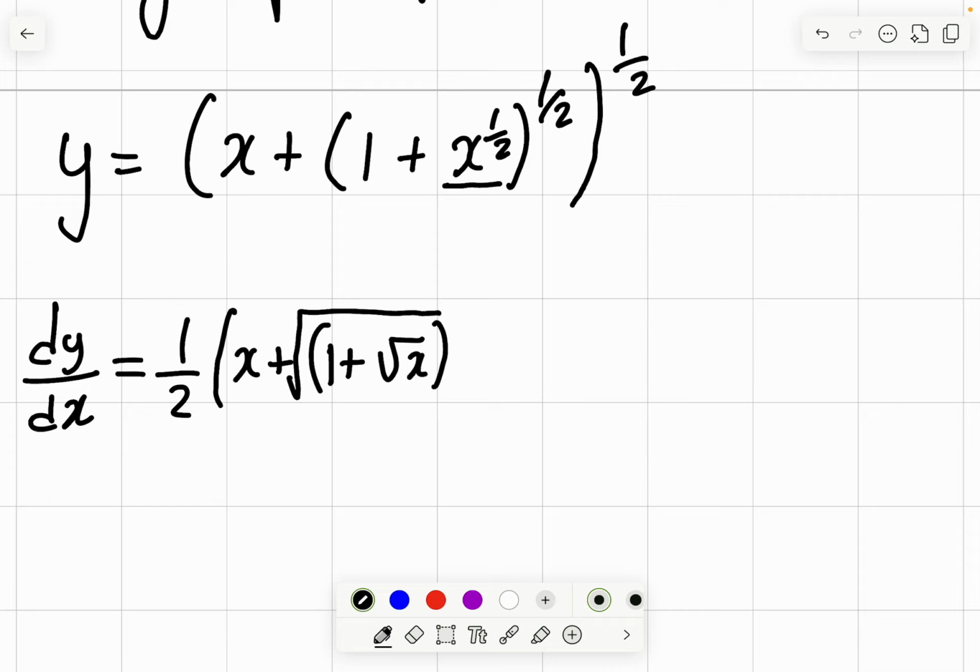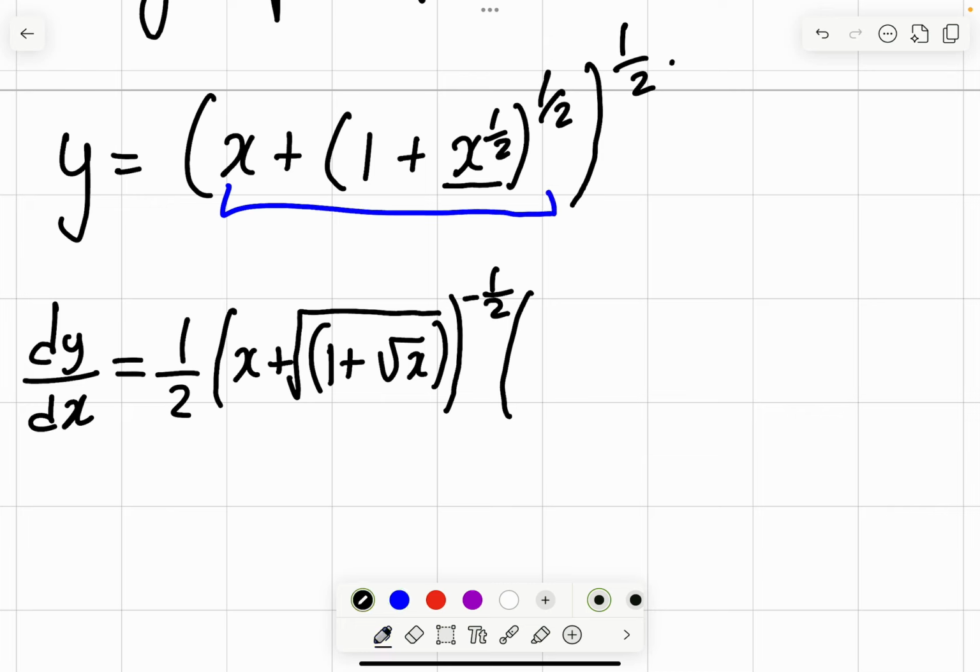You see, therefore I do what? I subtract 1 from that, and I'm going to be left with negative 1 over 2. So I derive with what? I derive with the inner function. The derivative of that inner function is going to be 1 plus.